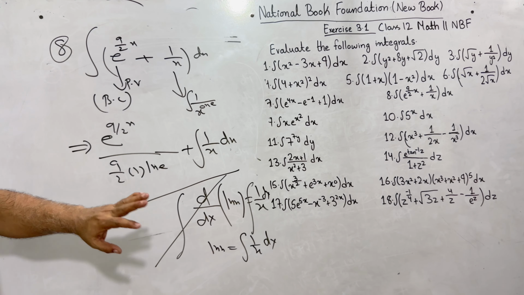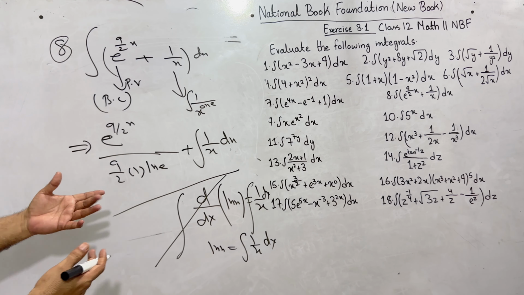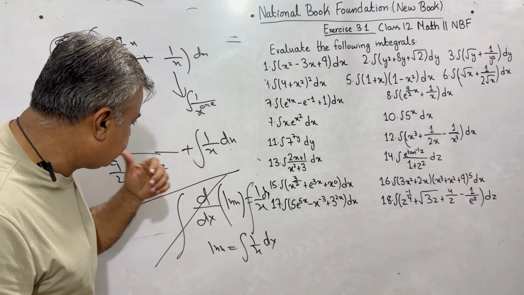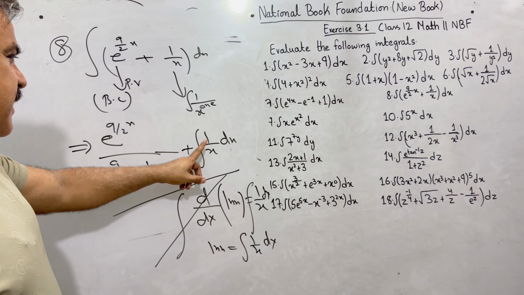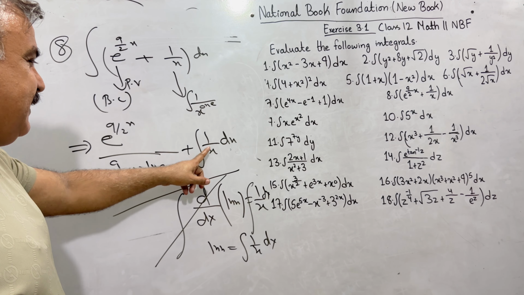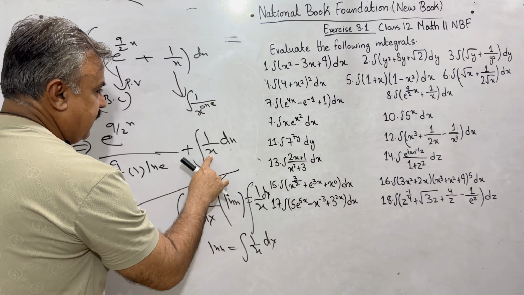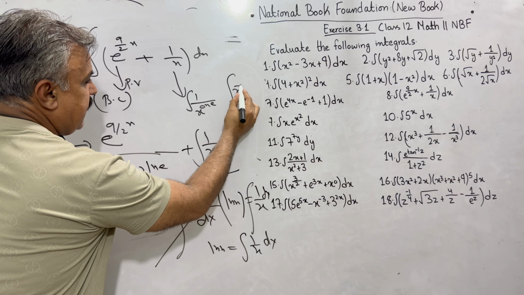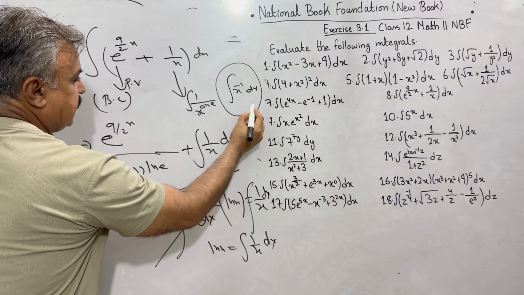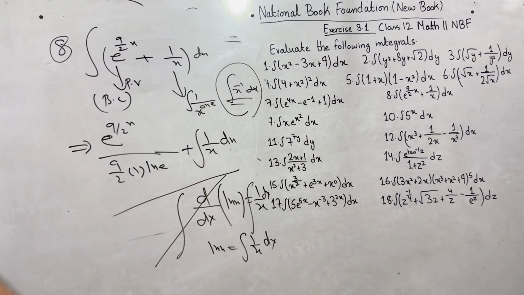While integrating, we ask ourselves, is it the derivative of some function? Yes, it is the differentiation of ln x, so its integration must be ln x. We cannot add 1 to it. It's our exception, our ln case.